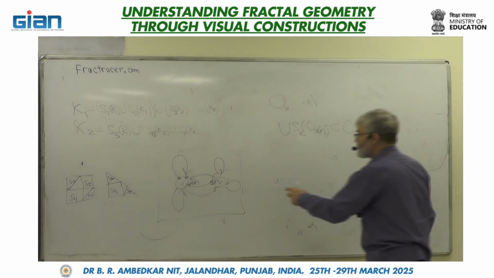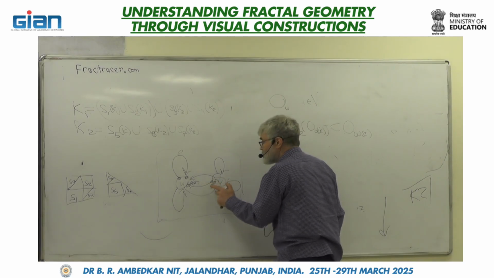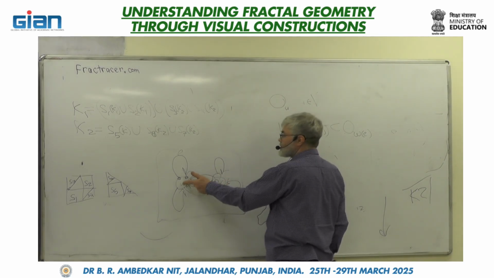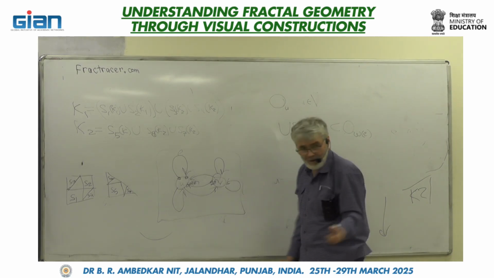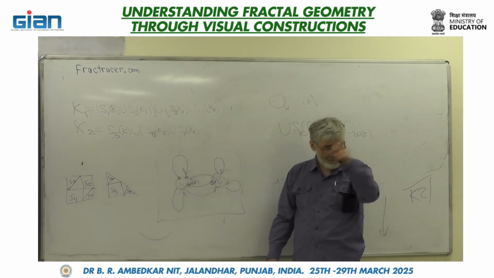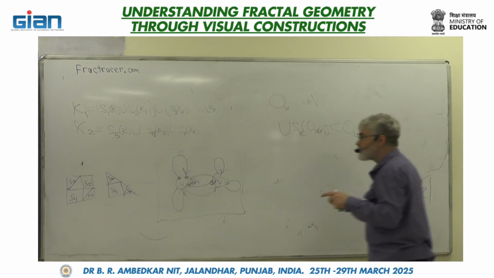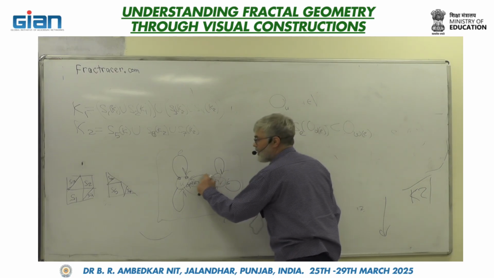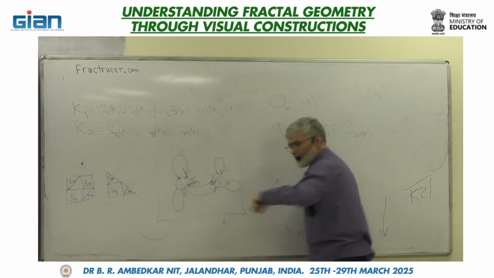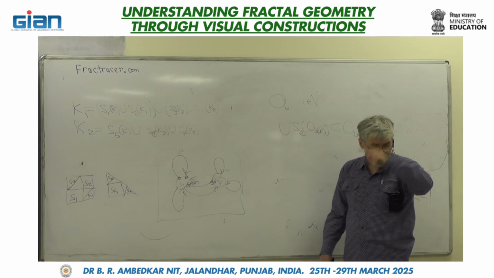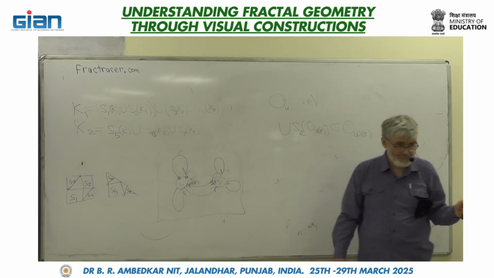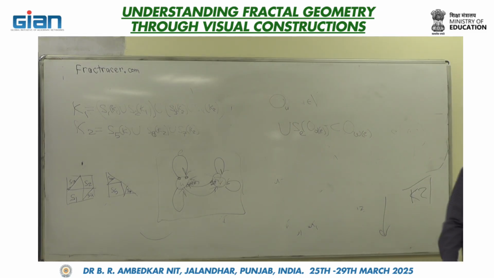So this graph should be such that from any vertex to any vertex we have a path. So any vertices of this graph can be connected by a directed path. So I think we will discuss it later.